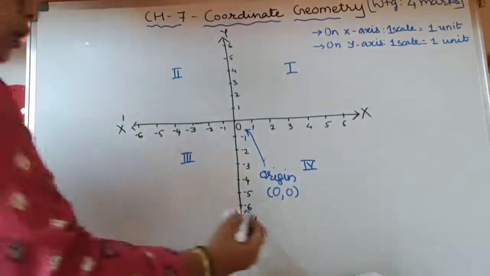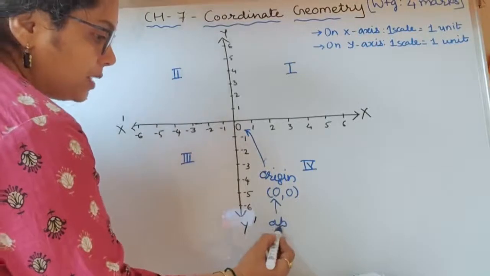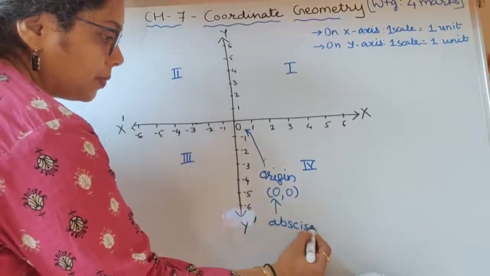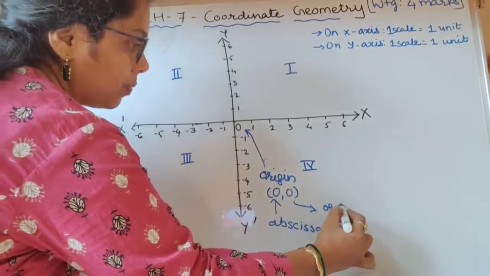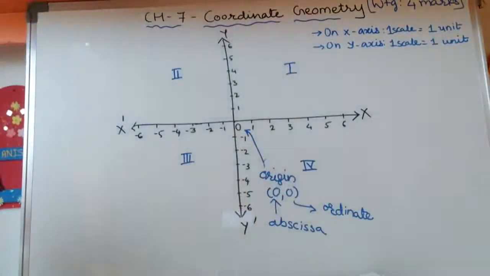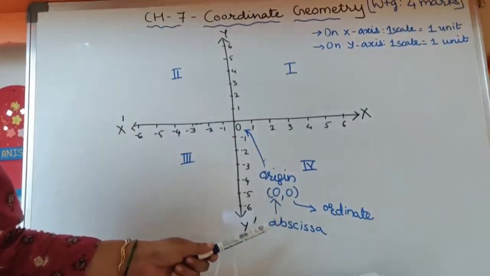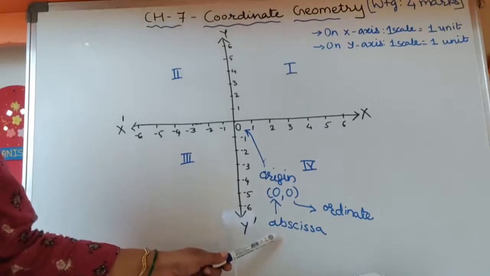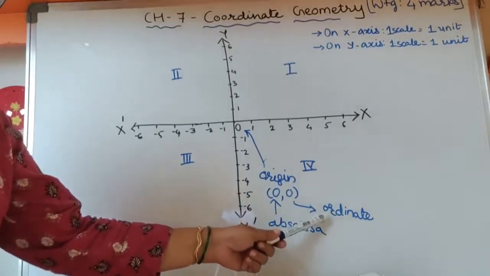And you already know what the x coordinate is. You can say it is the abscissa, and the y coordinate we call the ordinate. This you already studied in 9th standard. The x coordinate of any point we can call the abscissa, and the y coordinate the ordinate.